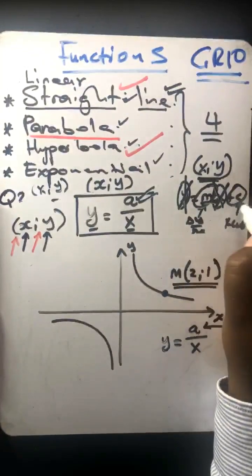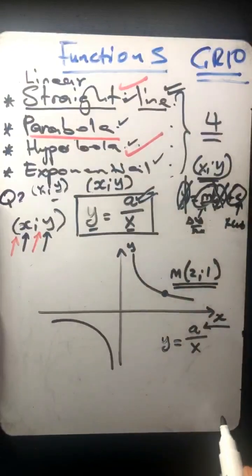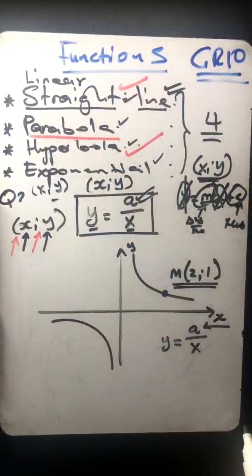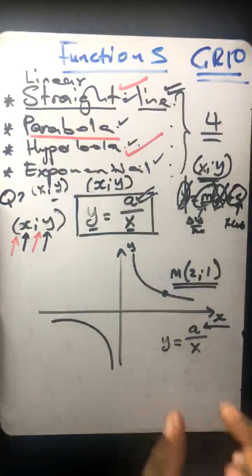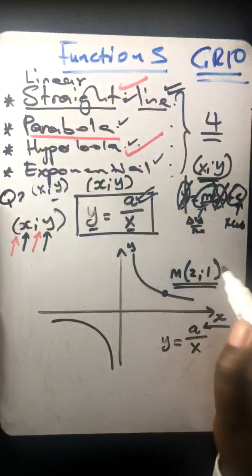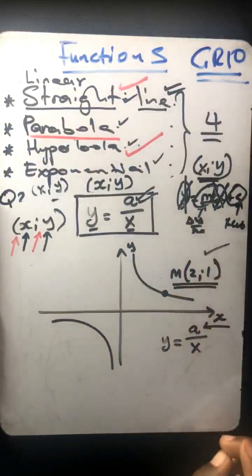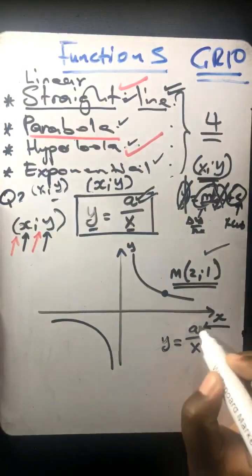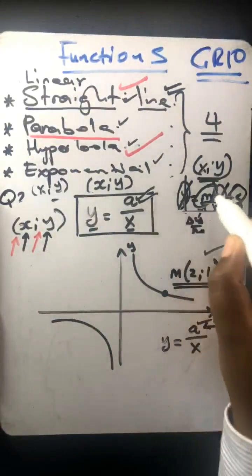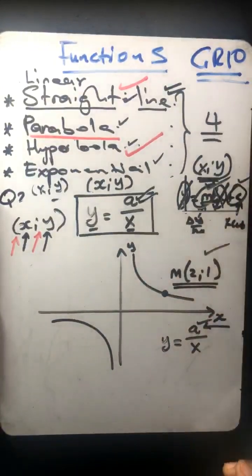If we have other letters, we need to find their actual values. So in this case, it's only letter a that we need to stress about. That is why for determining an equation of a hyperbola, you only need 1 point. Why 1 point? Because you just need one unknown. Unlike on a straight line, you needed 2 unknowns.